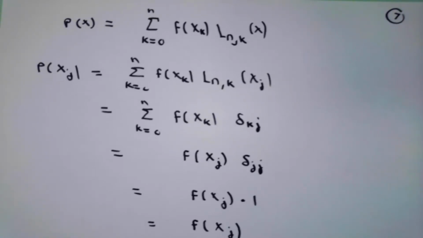When k is equal to j, though, I'll get f at xj, Kronecker delta jj, which is f at xj times 1, which is f at xj. Polynomial p has degree less than or equal to n and interpolates my data set. This is another way to write the interpolating polynomial down.